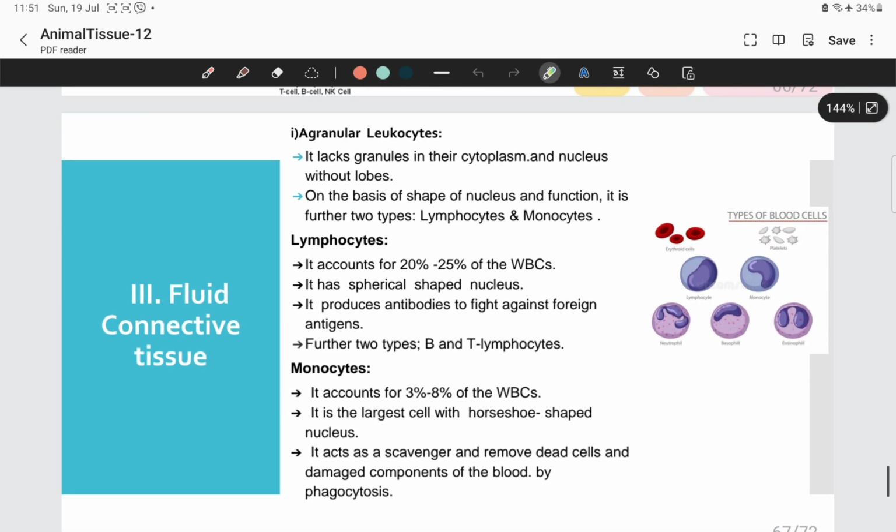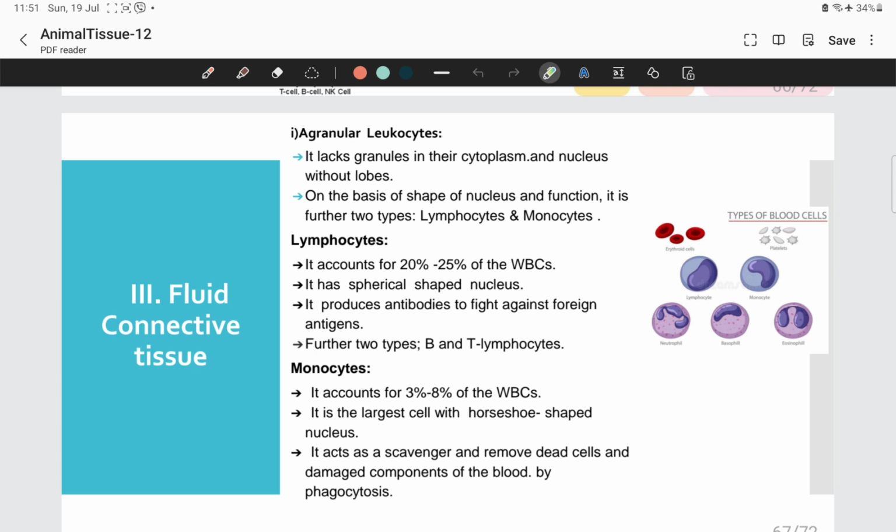Agranular means it doesn't have granules in its cytoplasm. That's why the cytoplasm looks clear. In both cases at the top you can see the cytoplasm is without granules, so that's why it looks clear. And the nucleus has no lobes projecting out, so it is smooth in surface.